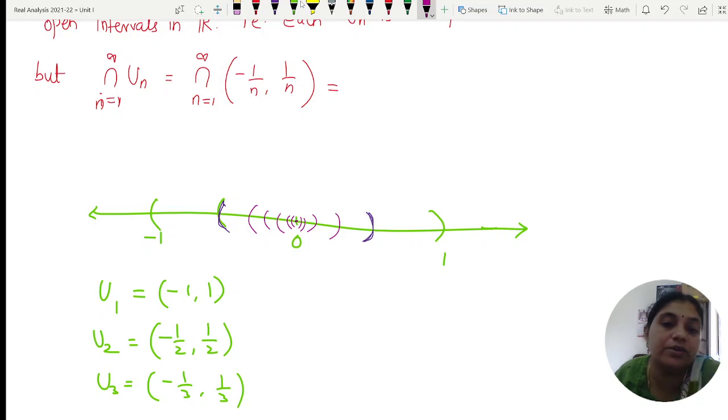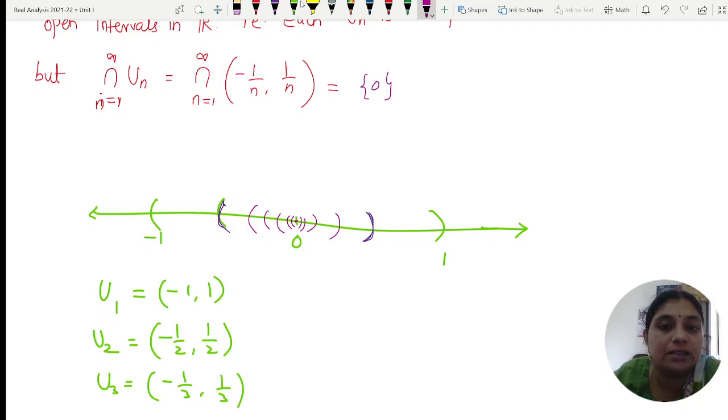So as n tends to infinity, where will it go? It will go to 0. So what is the intersection? It is the singleton {0}.